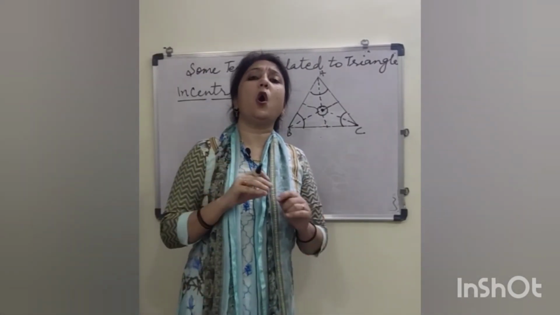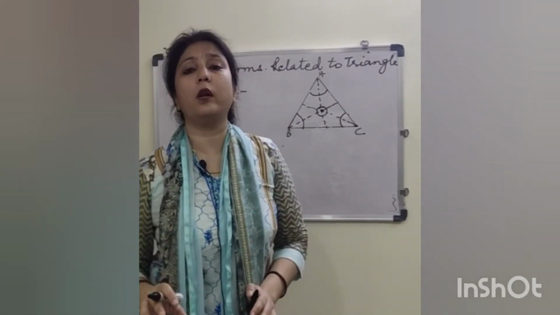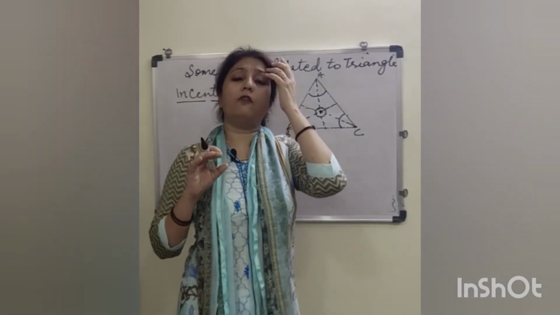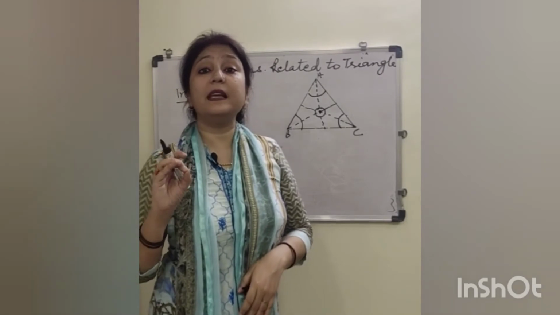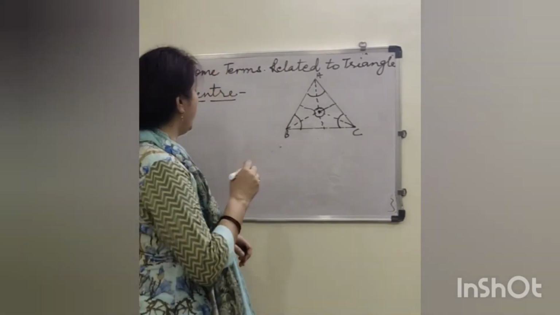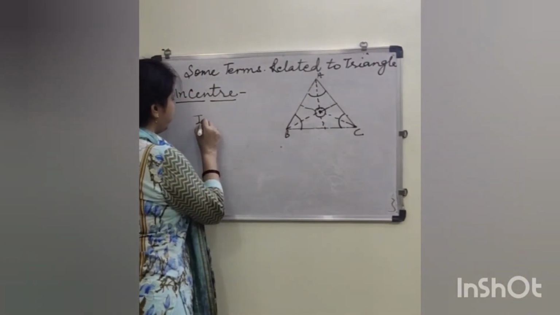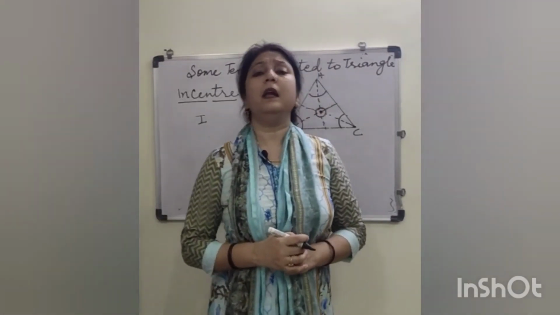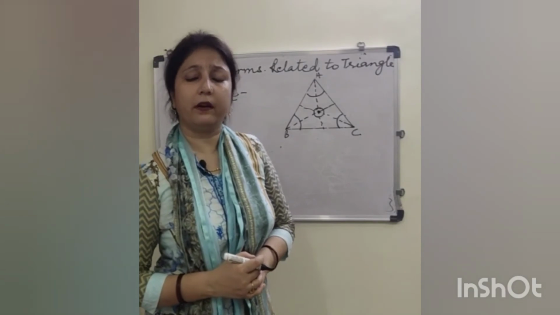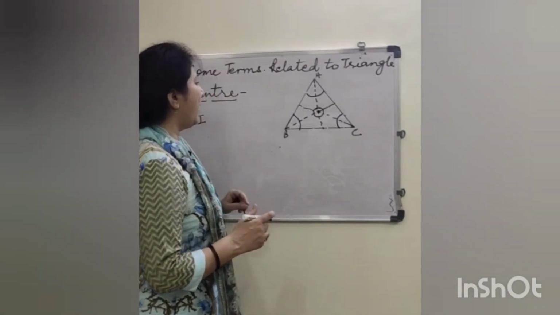Means again all three angle bisectors are concurrent. Their point of concurrence is known as incenter. We denote it by capital I. These are the angle bisectors which are intersecting at a point within a triangle, denoted by I.